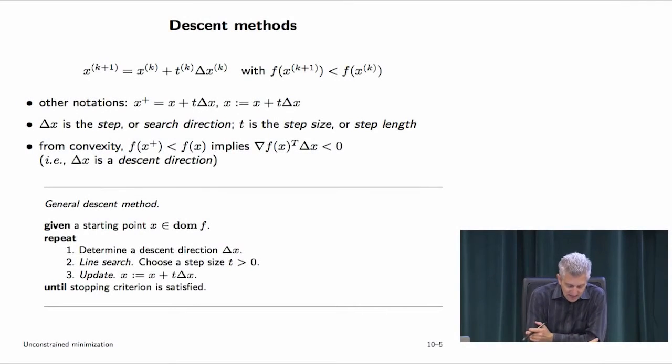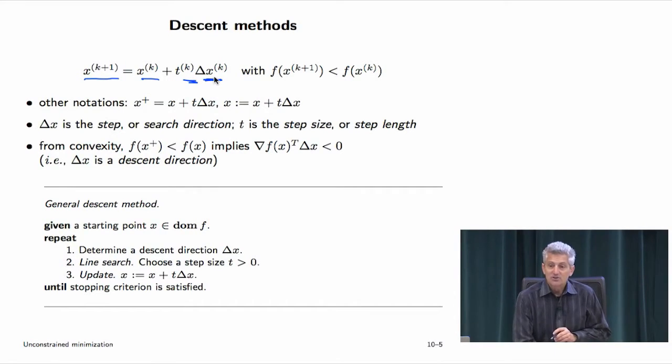The biggest class of methods, not all methods, but a very big class, are called descent methods, and we'll look at them completely generically. It says your new point is your current point plus a positive scalar times some direction vector, typically written delta x.